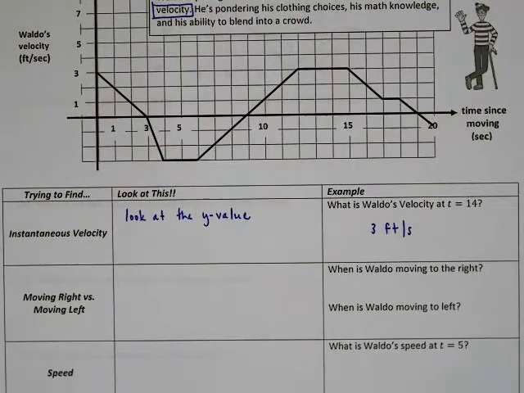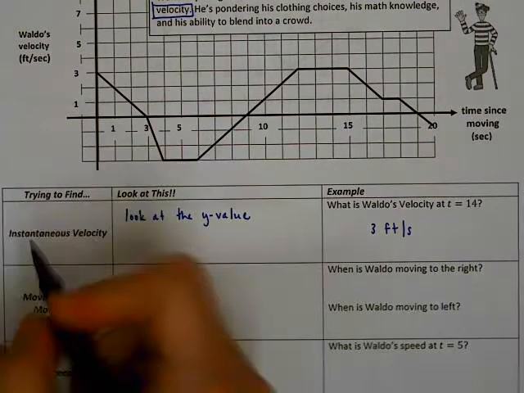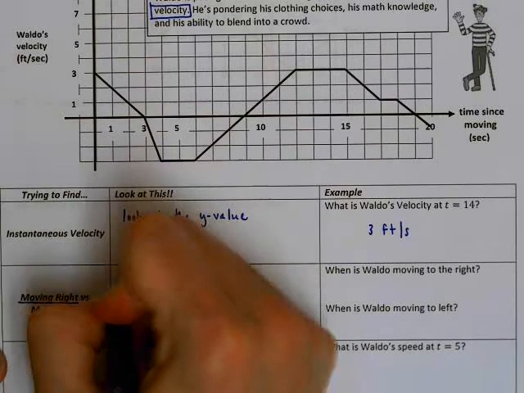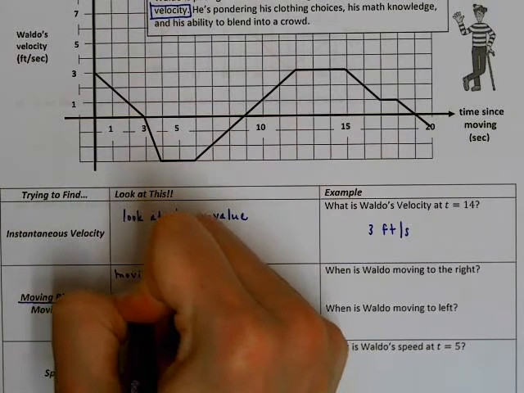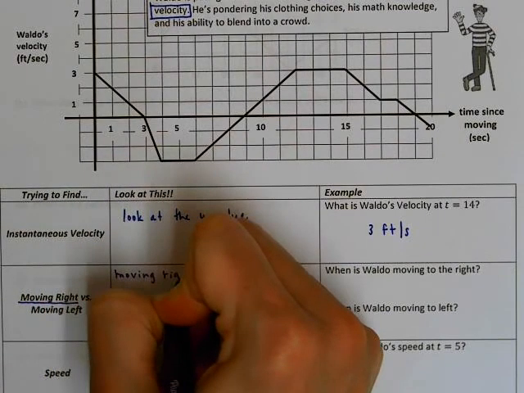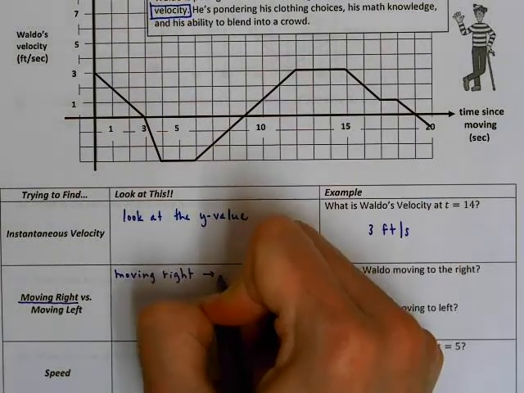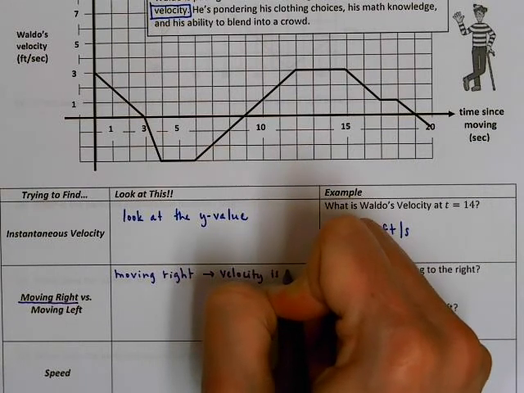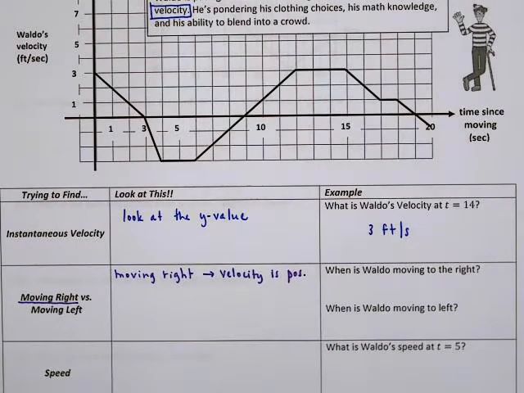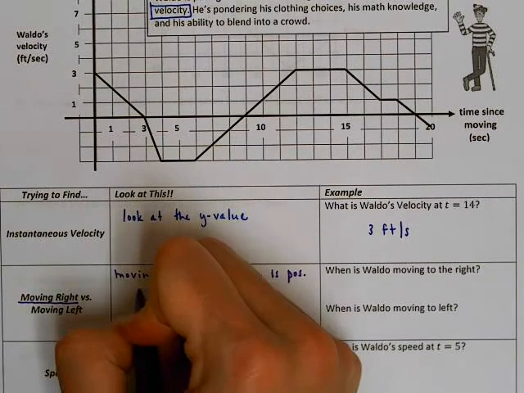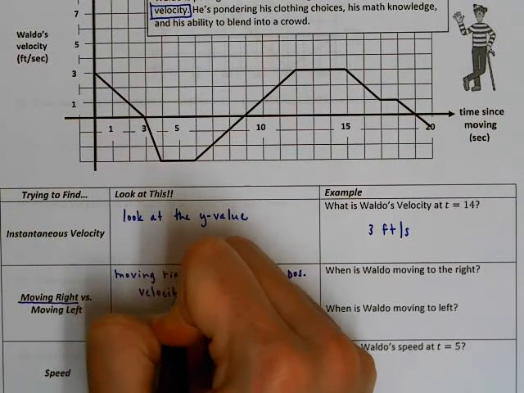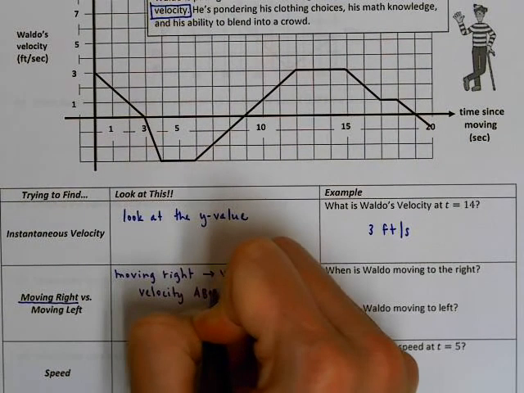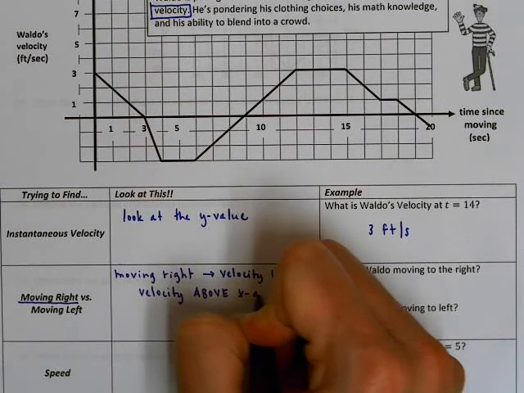All right, the next thing we have is moving right versus moving left. Let's do this. I'm going to talk about moving right in purple. So moving right, I know that happens when my sign of velocity is positive. So I'm going to look for where the velocity graph is above the x-axis.